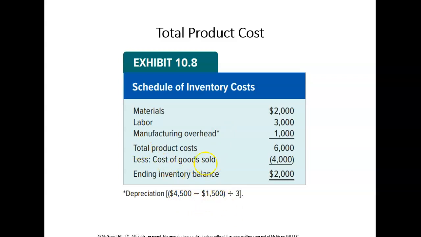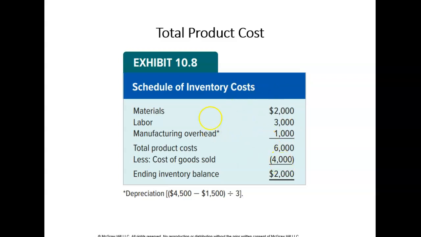It had a salvage value of $1,500. The difference, called the depreciable cost, is $3,000. The equipment has a useful life of 3 years. Therefore, we're going to expense $1,000 each year. So the $1,000 is the depreciation on the equipment used to make the actual product.